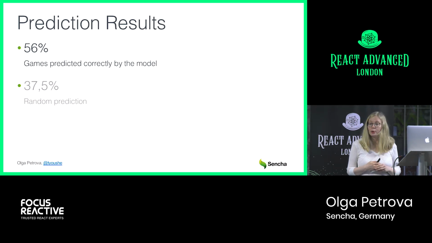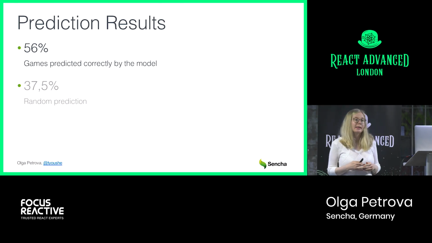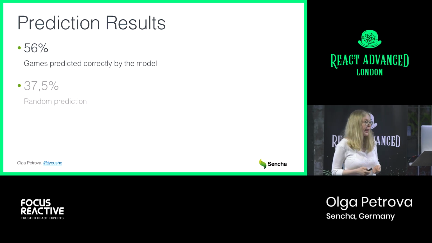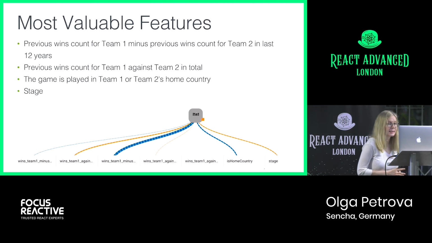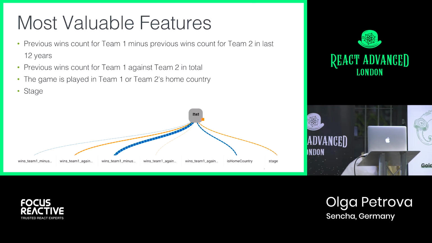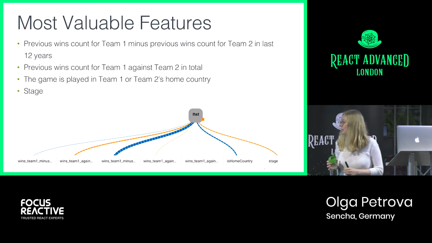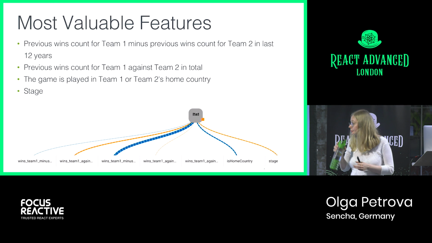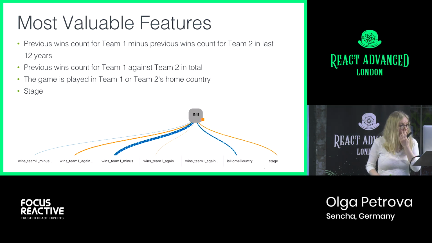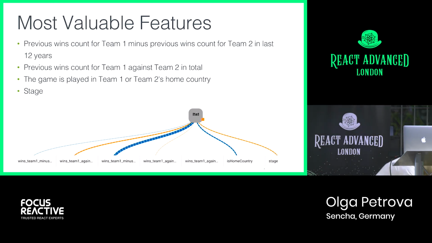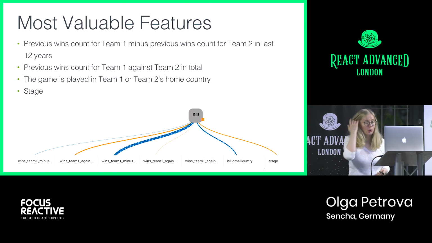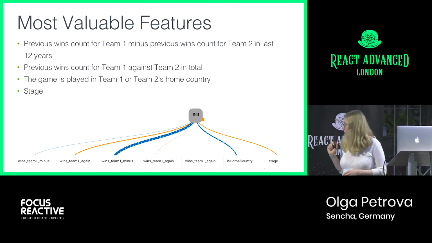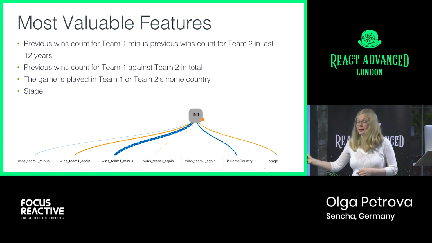And I came to the conclusion that the only way to improve my model is to improve feature engineering. If we take a look at the model visualization at the end of the training process, we will see the most valuable features. These most valuable features have thick lines.